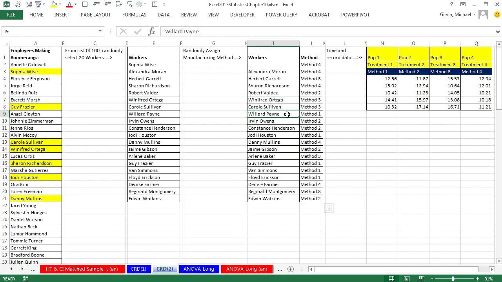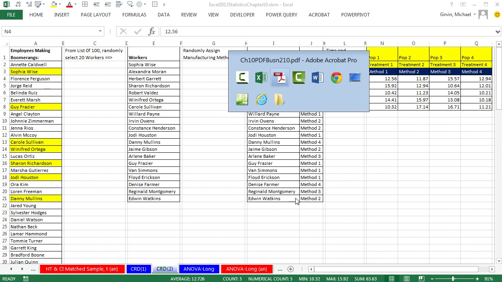So we can see here, Willard is method 1, Jody is method 1, Guy, Van, and Floyd. So 1, 2, 3, 4, 5. Those are the times for Willard, Jody, Guy, Van, and Floyd. All of this was randomly selected so that in the end we have treatment 1 to 4 and our 5 times where we can start to calculate averages, variances, and do our analysis of variance.